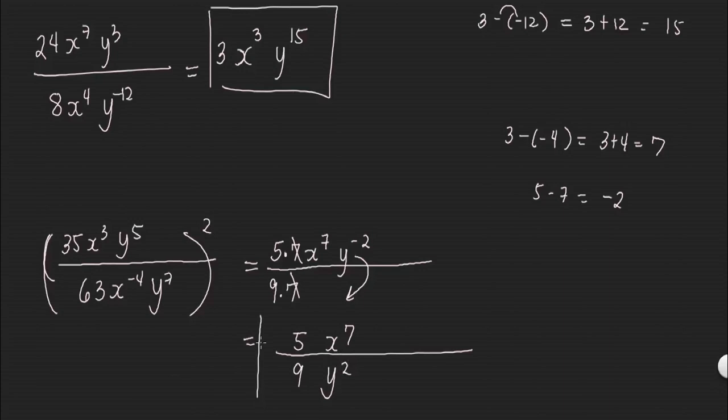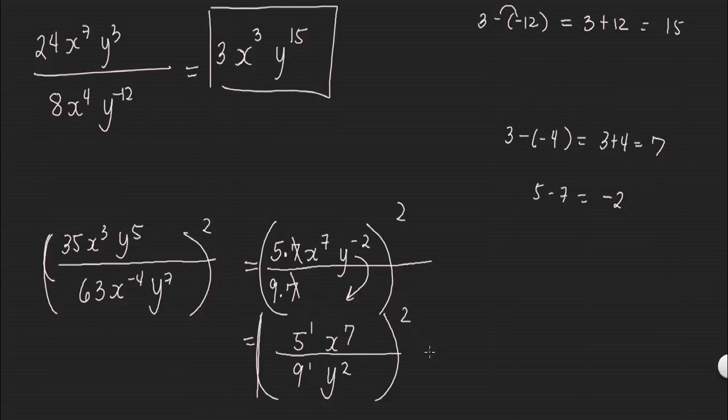And this is not the final answer yet. So, kasi may square pa tayo sa labas, no? Square natin yan. So, ayusin muna natin. Okay, so, for the last and final step, distribute natin ang mga exponent dito, ni 5, ni x, ni 9, at ni y dito sa 2.